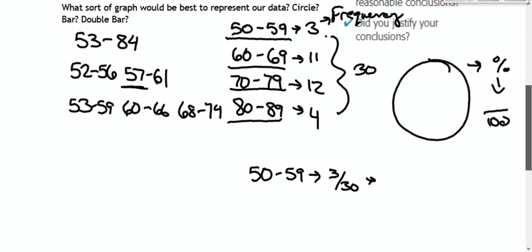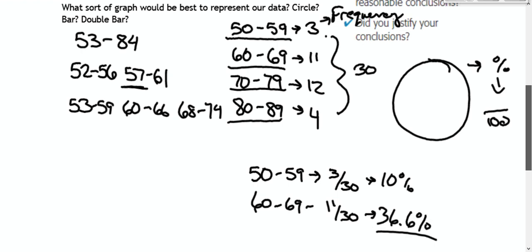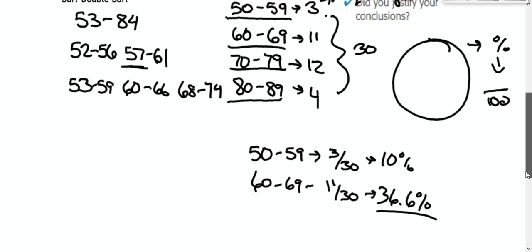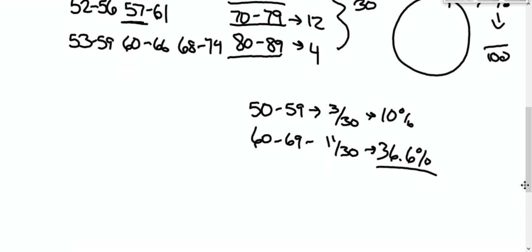So this would be 10%. 60 to 69 would be 11 out of 30, which would give me 36.6%. Now at this point, I don't want to do a circle graph because of these decimal values. But let's keep going. Let's finish for completion's sake.